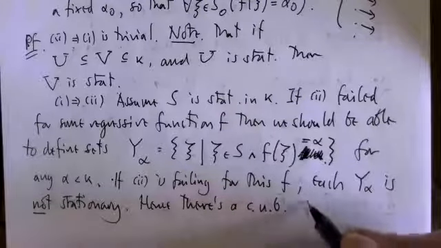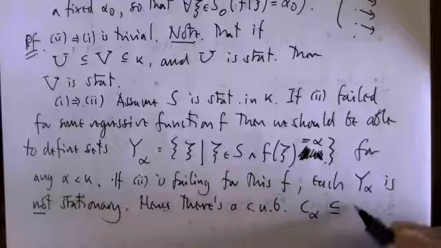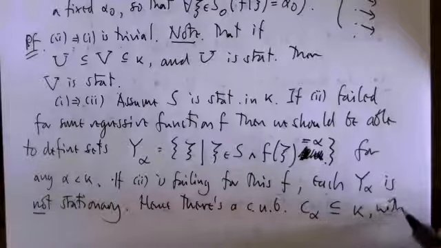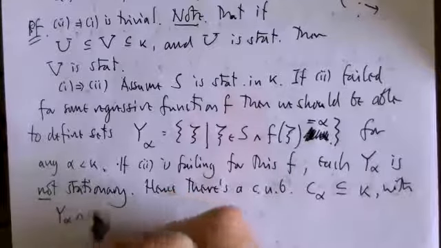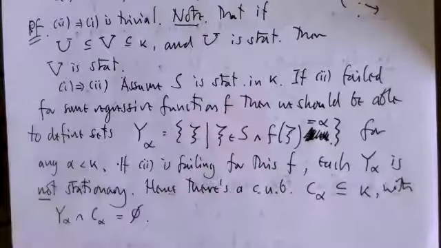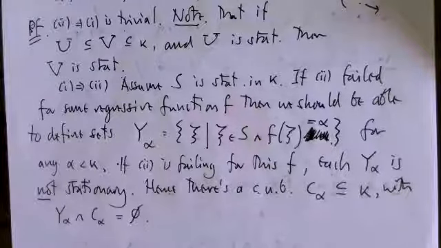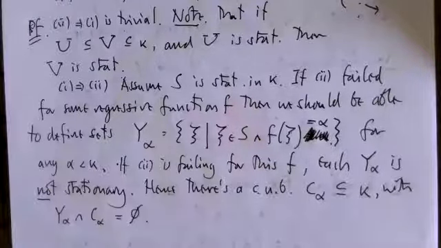So there's a CUB set C alpha contained in kappa witnessing that Y alpha is not stationary. That's what it means for Y alpha not to be stationary.